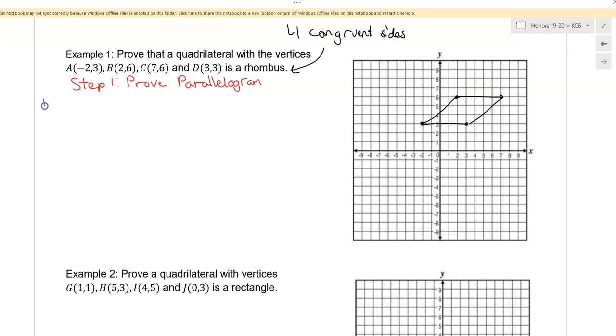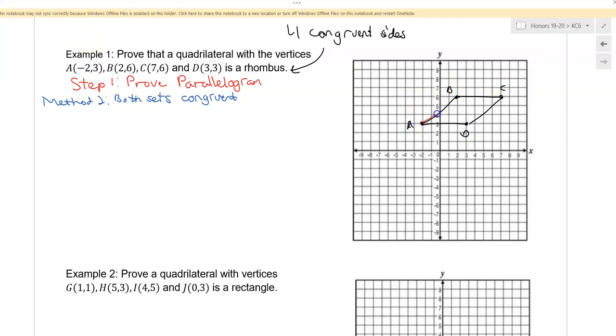So method 2. Both sets congruent. Okay. So let's put some letters in. A, B, C, D.